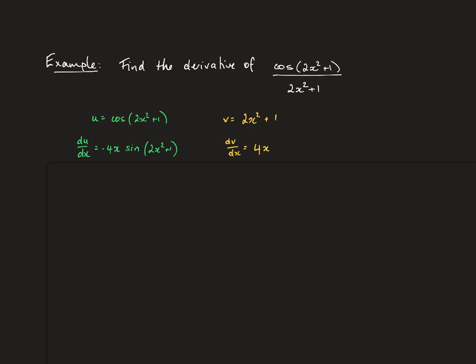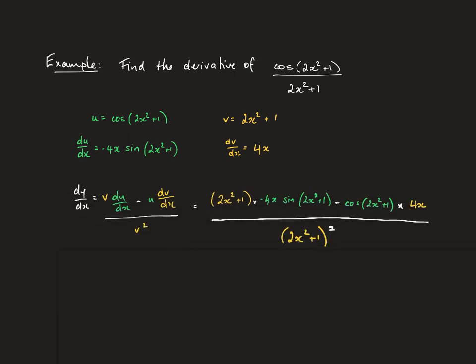And then we need to substitute it correctly into our quotient rule formula. So substitute in carefully, making sure that you remember minus in the middle, and it's minus the whole of that thing, and that you have the squared for your bottom term.